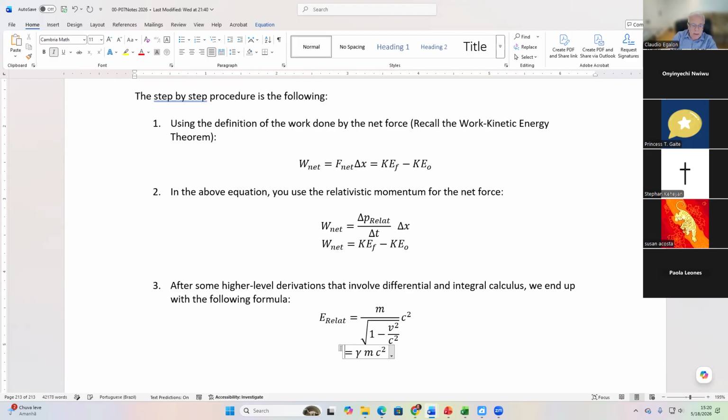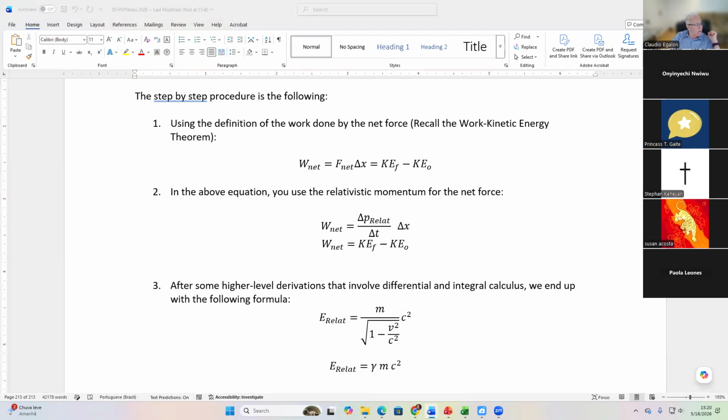Do you see the factor gamma appearing again? Relativity. Okay, gamma mc squared. If the mass is at rest, this term disappears, and we end up with mc squared. Gamma is going to be 1, and you end up with mc squared.